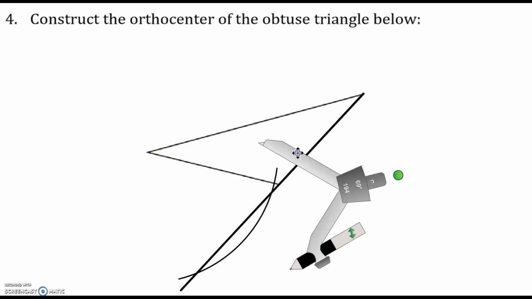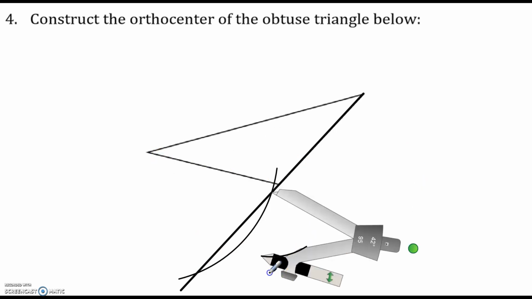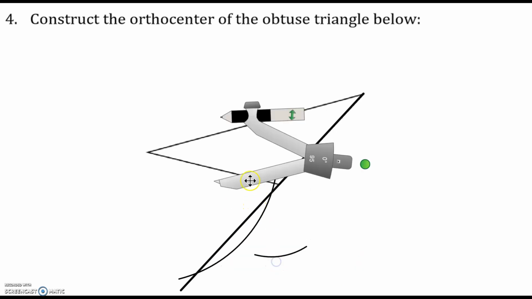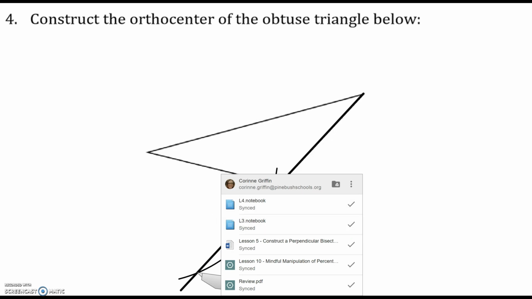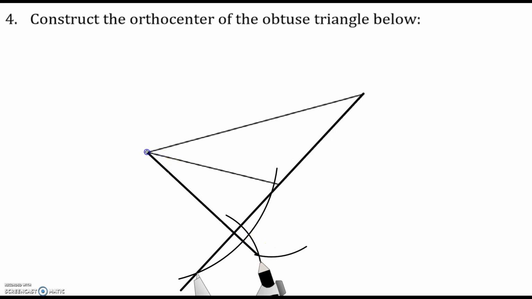Okay, once you get those 2, just like earlier, you're going to put your compass on each intersection and swing 2 more arcs so that you can get a point of intersection out here, and then that line will be one of your altitudes.